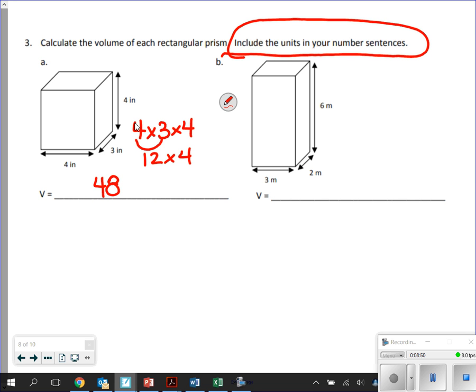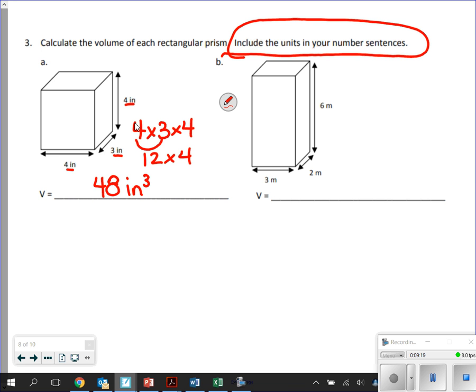Inches. Cubic inches. Because it's inches times inches times inches. We have 3 times that we're using the inches, multiplying the inches. So it's inches to the 3rd power. Cubic inches. Okay? The volume of this wonderful rectangular prism right here.